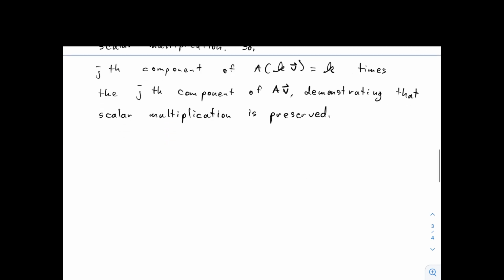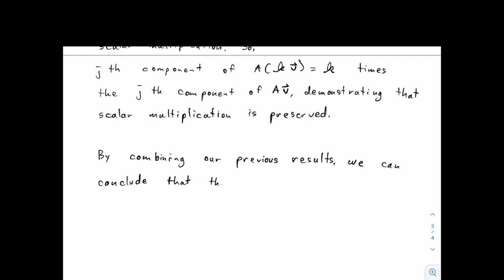And then as a final step, by combining our previous results, we can conclude that the transformation is linear. And that is exactly what we want to prove.